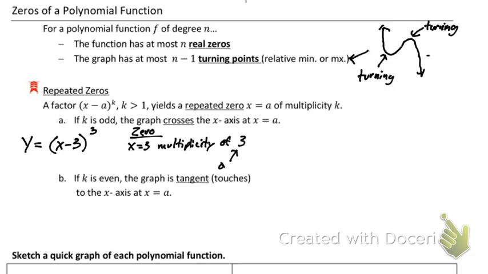That is odd. If you have a multiplicity that is odd, it is going to cross through that point. So without going into detail of what this graph looks like, I know for a fact that at 3, it's going to cross at 3. So it crosses at 3.